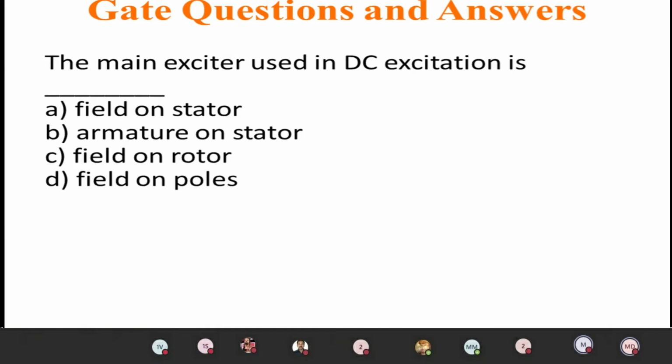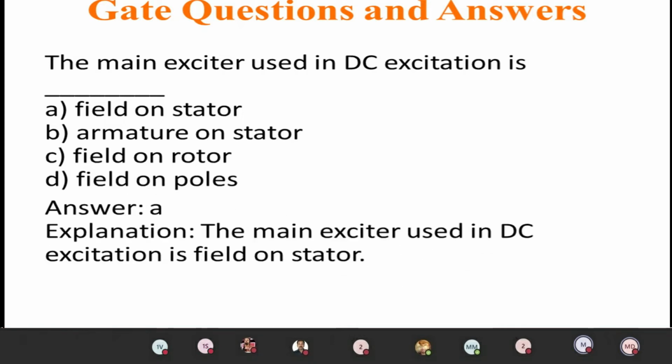In a DC shunt generator we use the field on the stator. So the main exciter used in DC excitation is field on stator.